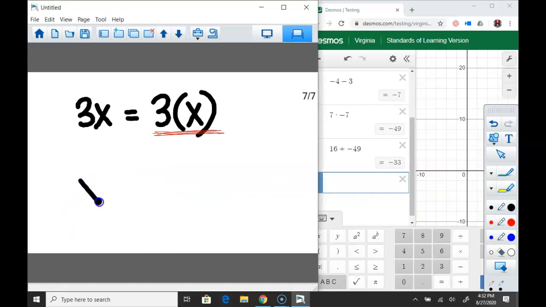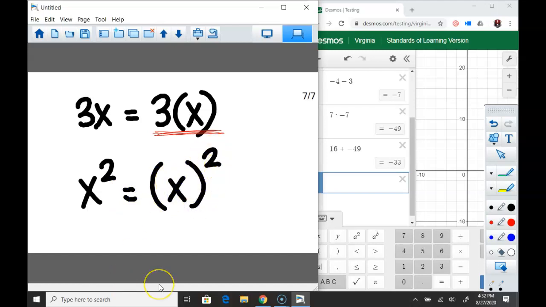If you see x squared, we've seen that parentheses make a difference in that answer. So when you see x squared, I want that x in parentheses with an exponent outside. So these are the 2 cases that I talked to you about last week where you have to add parentheses into your problem. If you have any questions at all, let me know.